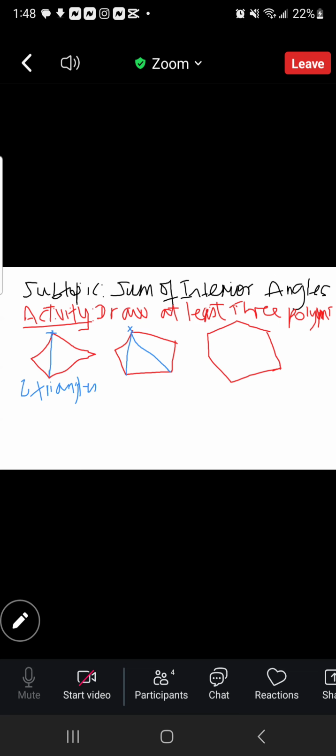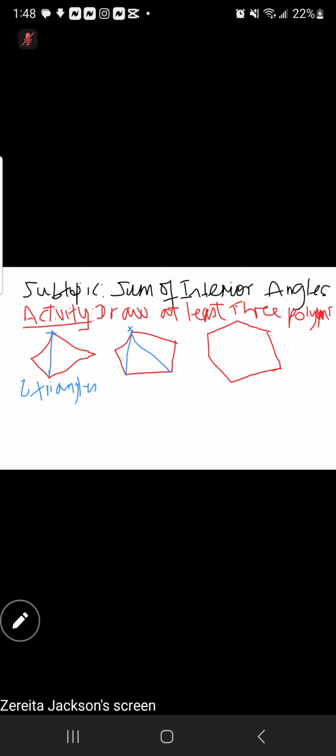Once you choose a corner, just choose any corner, Kemisha, and draw the lines from that one corner across. You will be able to put in two lines.